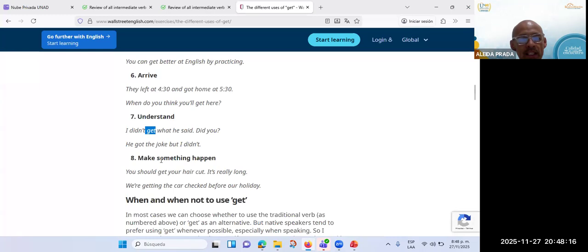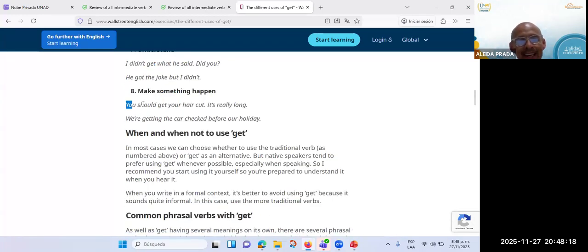Okay? And make something happen. You should get your hair cut. In this sentence, you can deduce the meaning, ¿no? You should get your hair cut. Usted debería cortarse el cabello. Look at this. Look at how we can say this expression, this sentence.